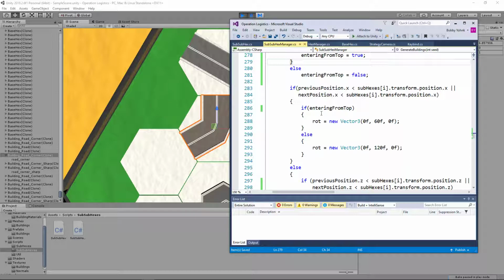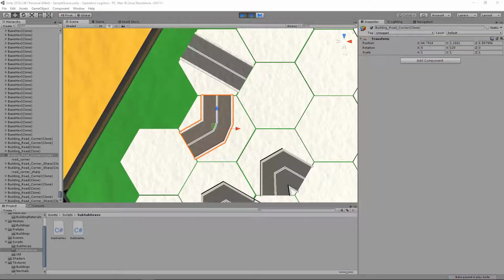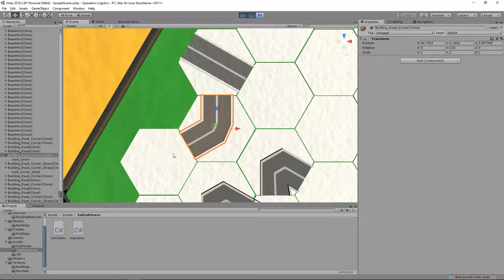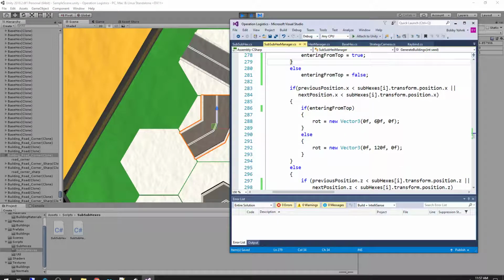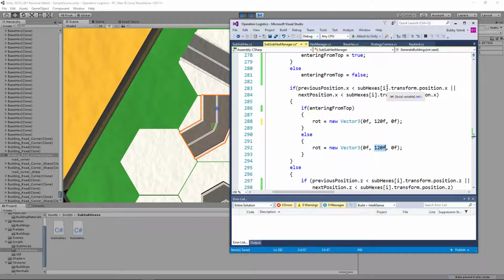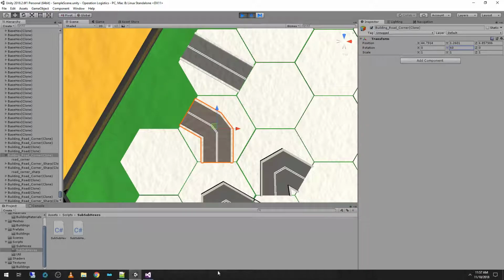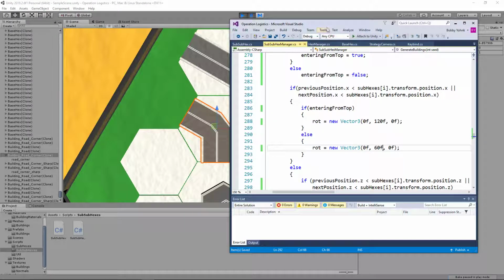So if entering from top, our position needs to be 60 degrees, because actually it needs to be 120 degrees, because we know we're up here and we know we're exiting down here. So we need to make this be 120 degrees, and this one would then be 60 degrees, right? Because we know we're entering from the bottom. Yes, that is correct. Okay.